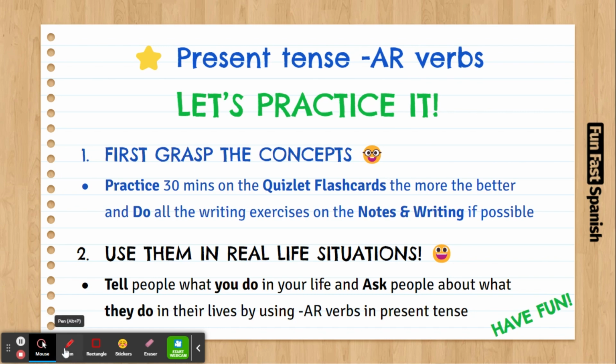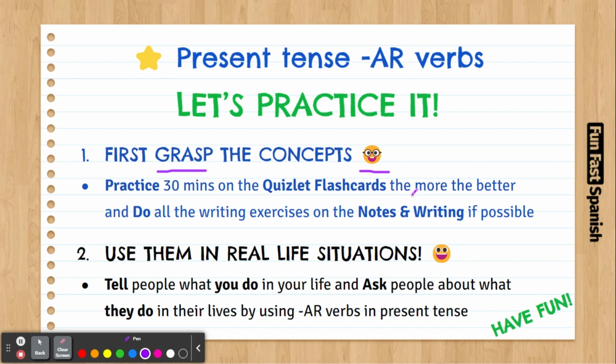The first thing you should do is to grasp the concepts. How do you do that? Just like this guy, being a nerd, practice 30 minutes if you can on the Quizlet flashcards.